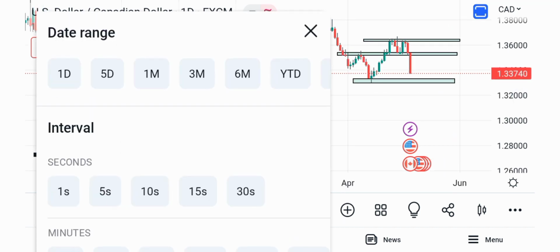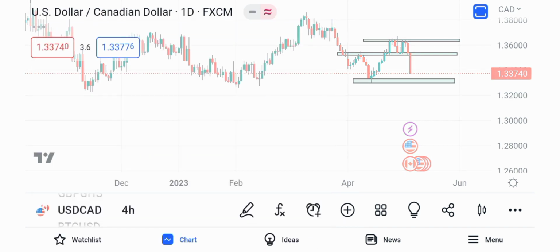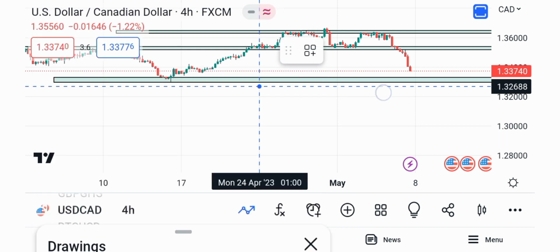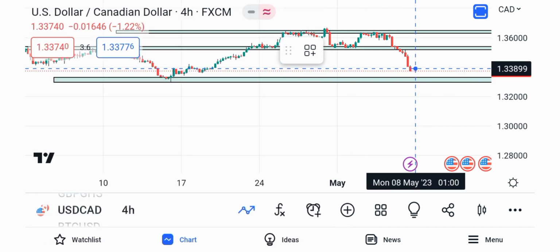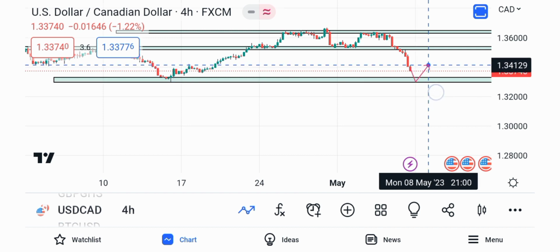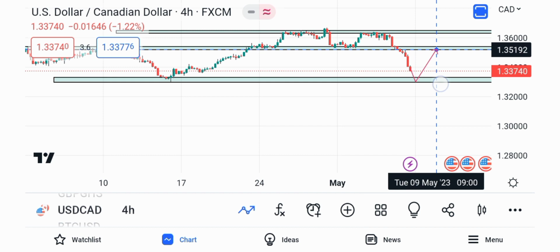So dropping to the 4-hour time frame, I'm anticipating that price drops to this key level. Then goes to retest this broken structure here.